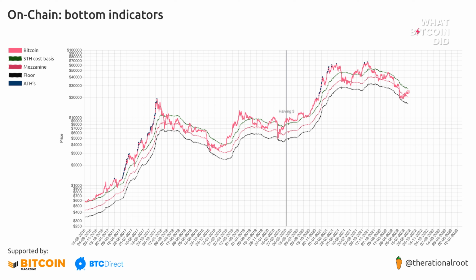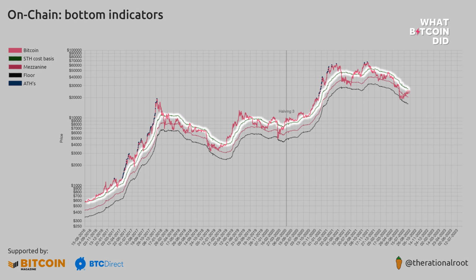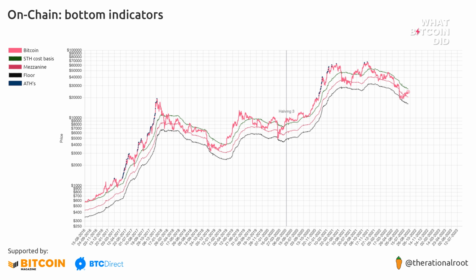These are some bottom indicators I used. This is based on the short-term holder cost basis, which is the same as the short-term holder realized price. So the average purchase price of short-term holders, that's the green line. Then we have some bands that we can draw from that, and I use this floor band to see how low the Bitcoin price can drop. These bands fluctuate with the price, like moving averages in a way, but you can see that we bounced off this floor.